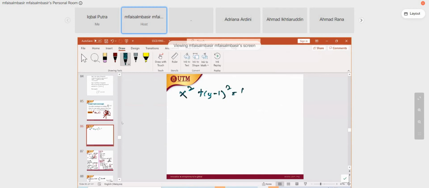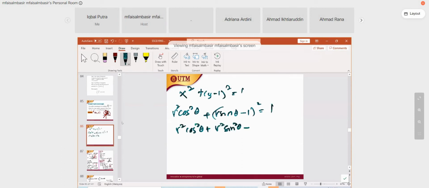So from here, this is r cos theta, this is r sin theta minus 1 squared equals 1. So I try to expand this. Minus 2.